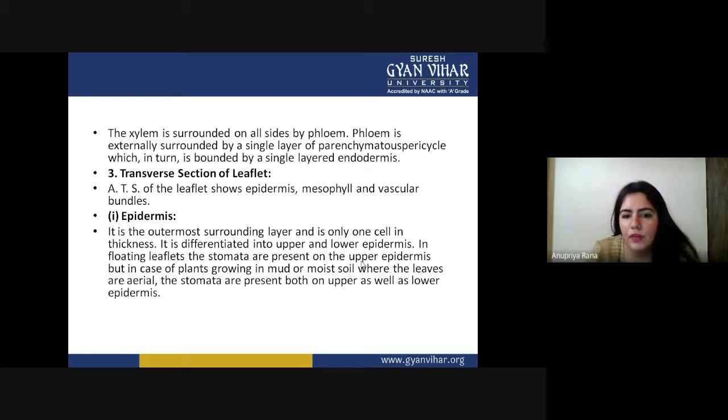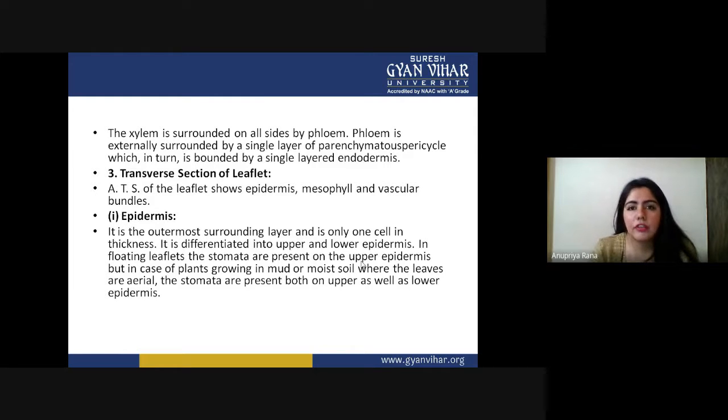In a floating leaflet, the stomata are present on the upper epidermis. Basically, if the plant is aquatic, then stomata will be present on the upper surface of the leaf because they are exposed to the sun, and in this way stomata can perform the function of transpiration.